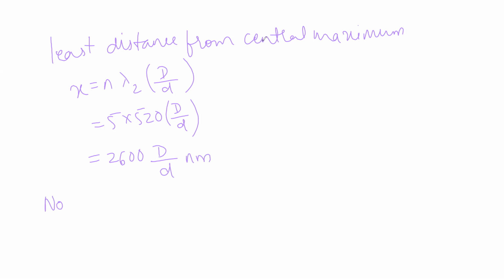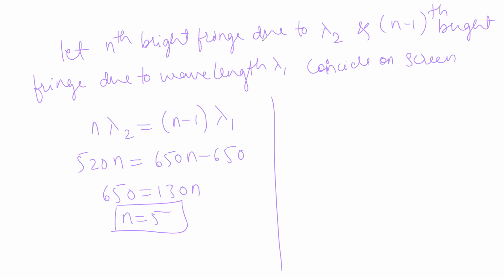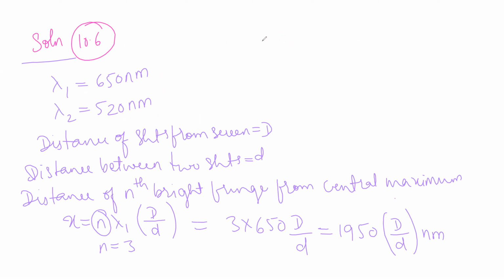One thing you have to remember is that the values of small d and capital D are not given, so therefore it is kept like this. Understood? So what did we do? First, from the question, the given things are written, and the distance of the nth bright fringe from the central maximum is calculated.